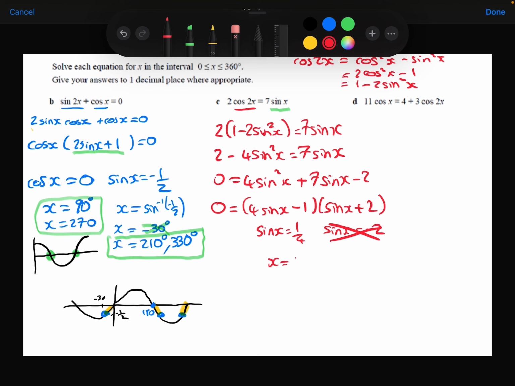We will do sine inverse of 1/4, which gives me 14.5 degrees. Draw a quick sine graph to get the other solution.